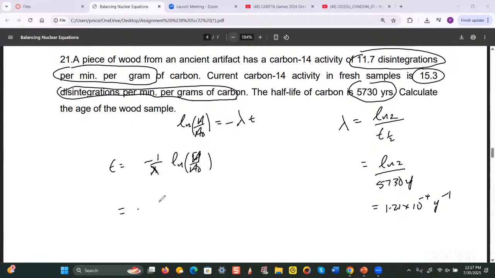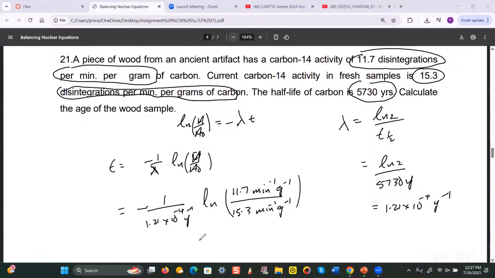So you're going to end up with minus 1 over 1.21 times 10 to the minus 4 years to the minus 1, times the natural log of A, which is 11.7 disintegrations per minute per gram, divided by A0, which is 15.3 per minute per gram.